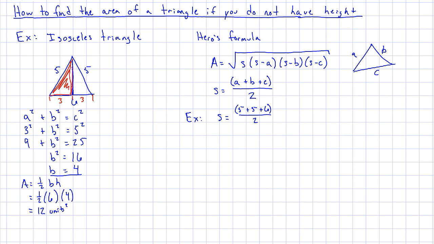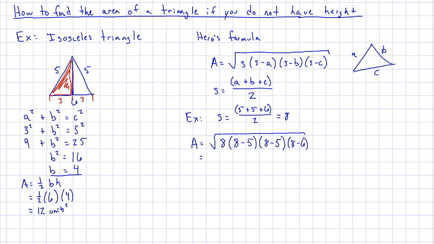That'll be 16 divided by 2, which is 8. Then I need to plug that into my area formula. So I'm going to have the square root of 8 times 8 minus 5 times 8 minus 5 again times 8 minus 6.